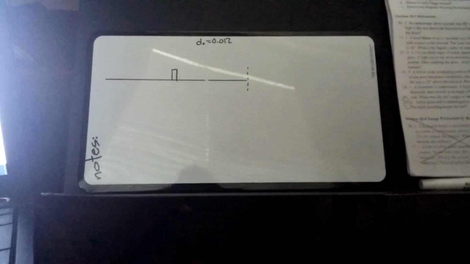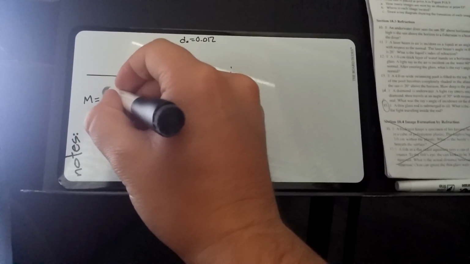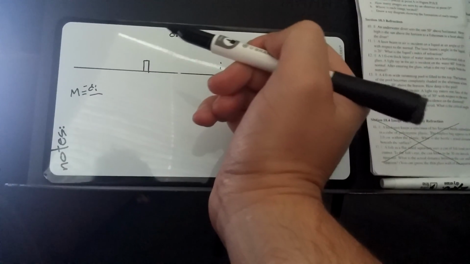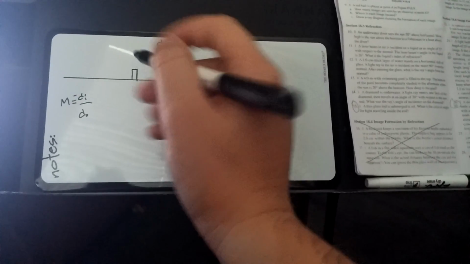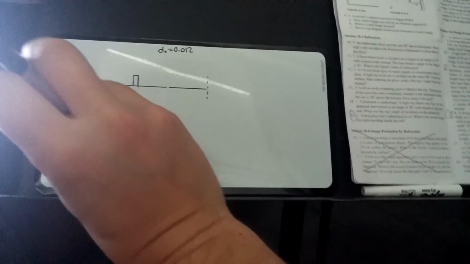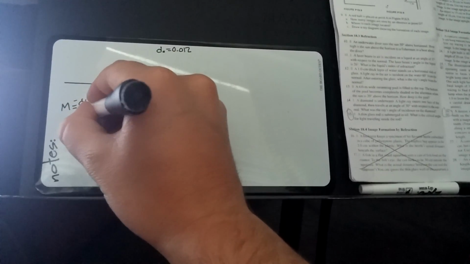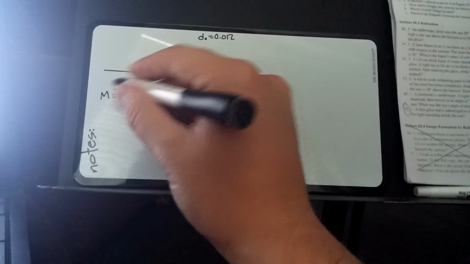And we're going to do that from the magnification equation. So the magnification equals the negative of the image distance over the object distance. Let me put that up a little higher, a little more room that way. Okay, so we want to rewrite that.